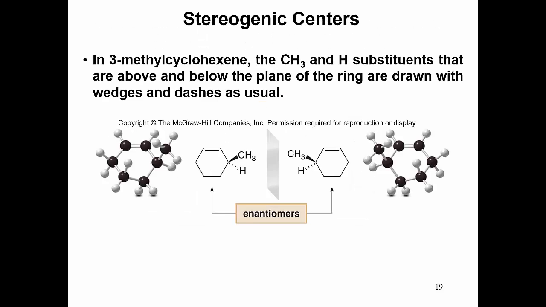Now, in 3-methyl cyclohexene, the methyl and hydrogen substituents that are above and below the plane of the ring, draw them with wedges and dashes. And what you'll see is that you actually have 2 different forms, 2 different compounds.